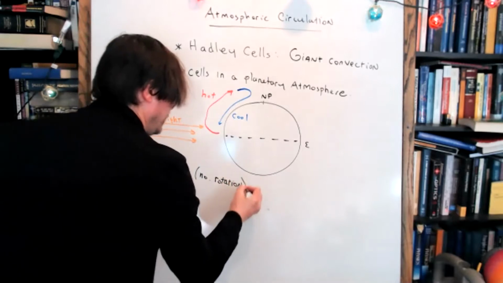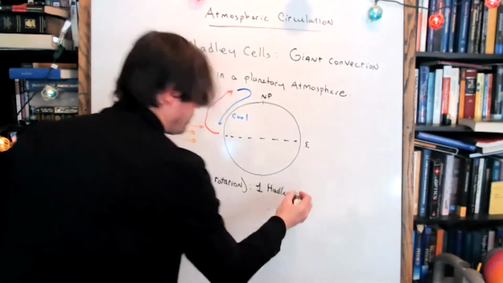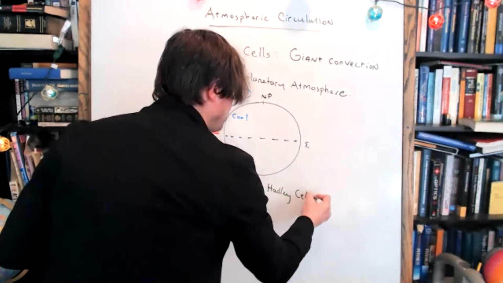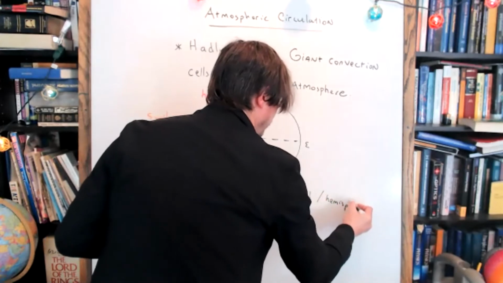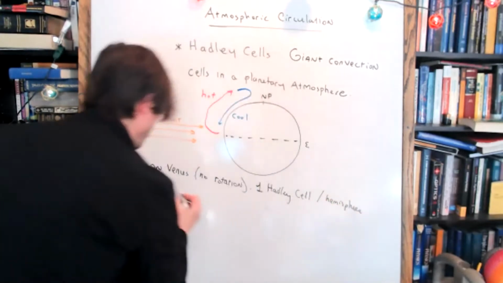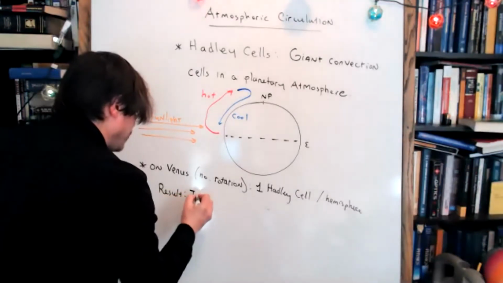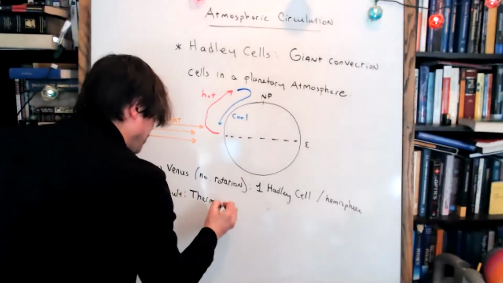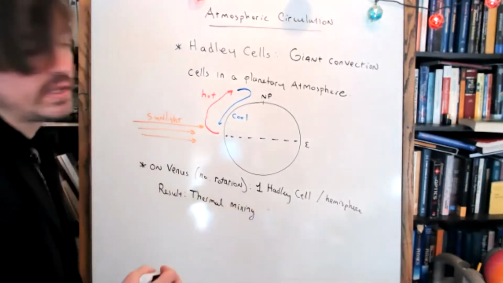Venus has no rotation, so there's one Hadley cell per hemisphere. As a result, thermal mixing, shall we call it, leaves the planet at one single temperature.